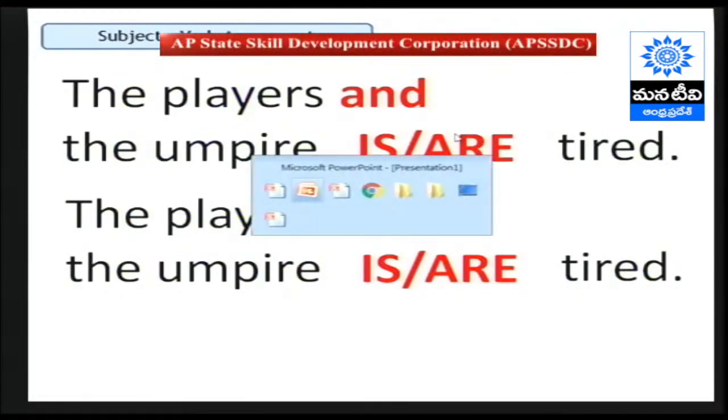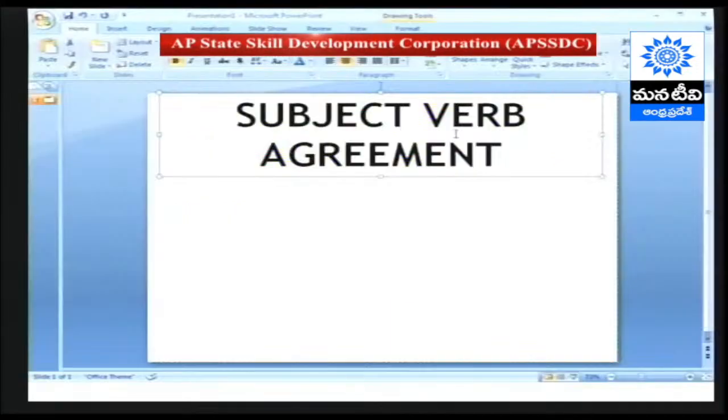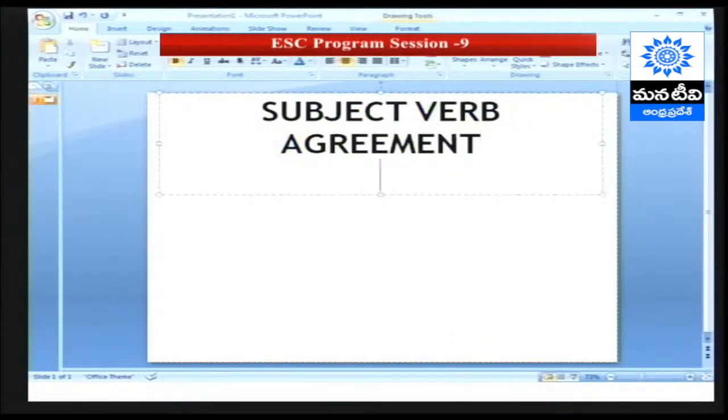Now, how do I identify what is the singular form of a verb and the plural form of a verb? Let me quickly demonstrate that to you.